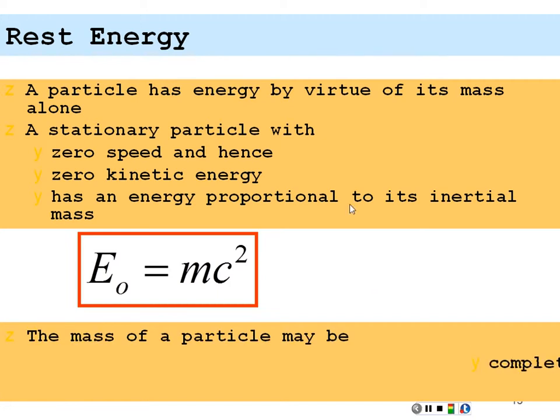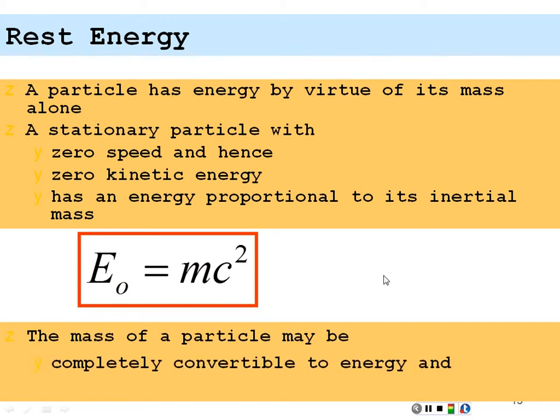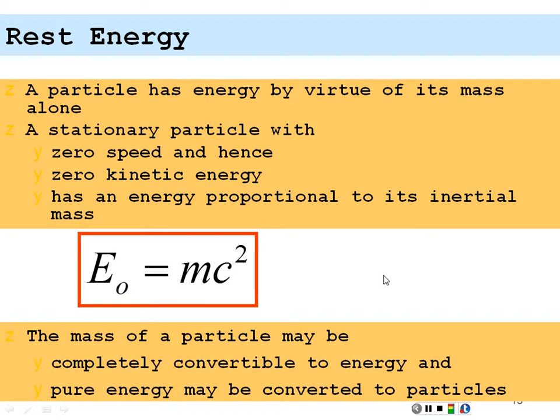The massive particle may be completely convertible to energy, and pure energy may be converted to particles by this equation. It really is the equivalence of energy and mass. I know we have that c squared multiplied in there, but c is just a constant. And if we use the right unit system, then we basically are saying energy equals mass. How beautiful is that?